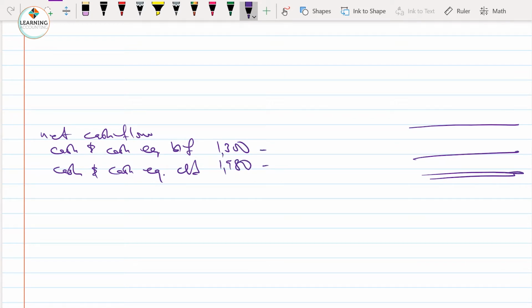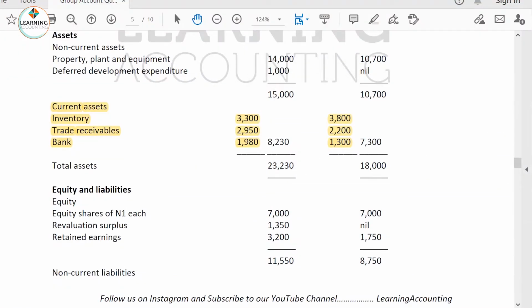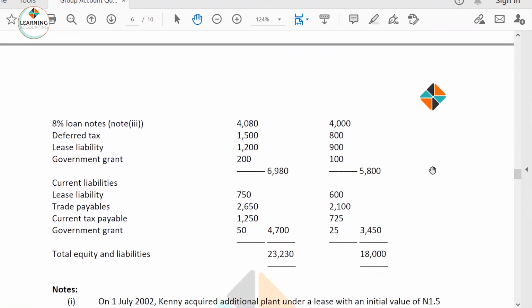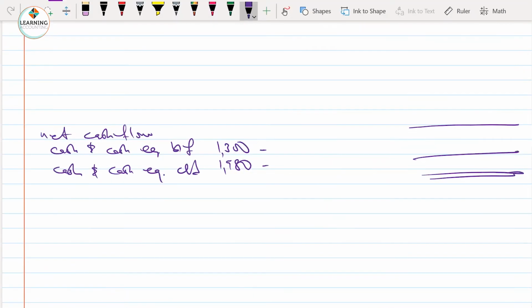Of course, we have to check if there's overdraft in this question. So that will take us to the current liability section. Now the current liability section, we don't have a bank overdraft there. If we had bank overdraft, then we would have deducted it. We would have deducted the bank holding.